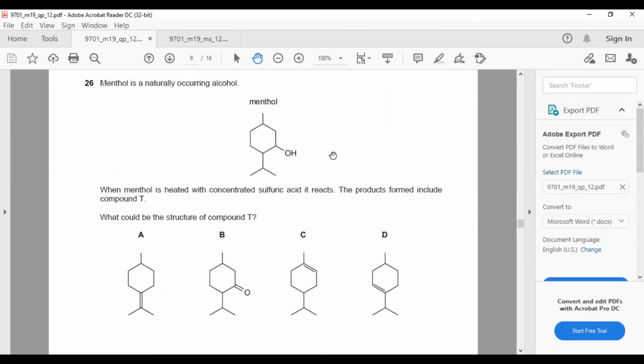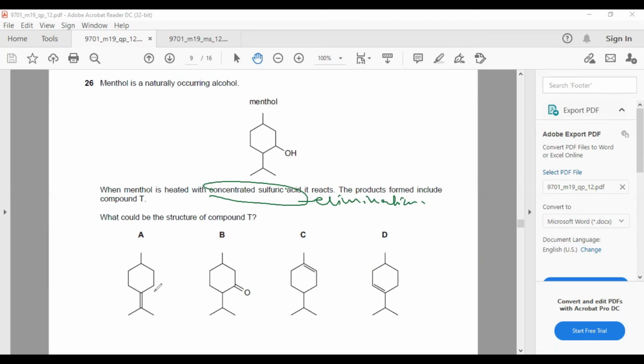26. Menthol is heated with concentrated sulfuric acid, which means an elimination reaction. Elimination means alkene will be formed.